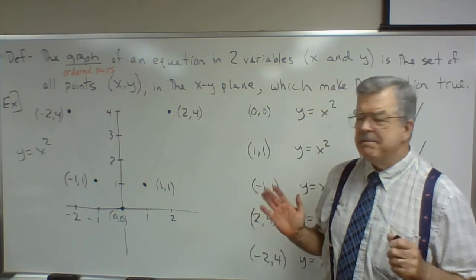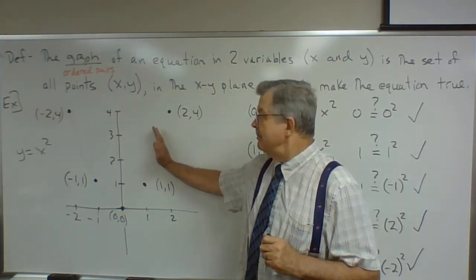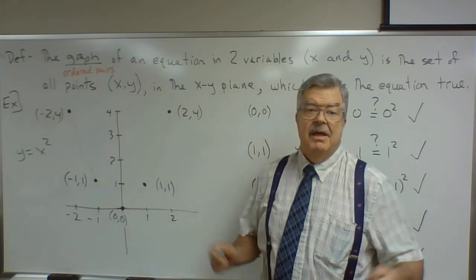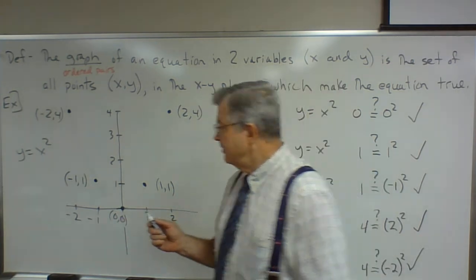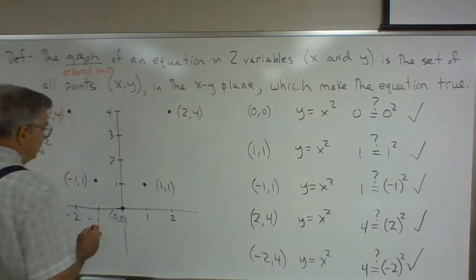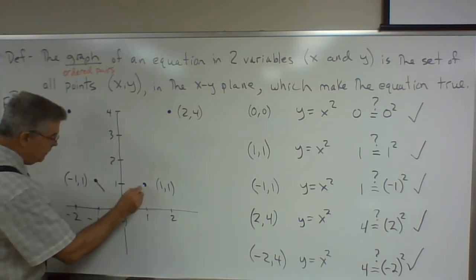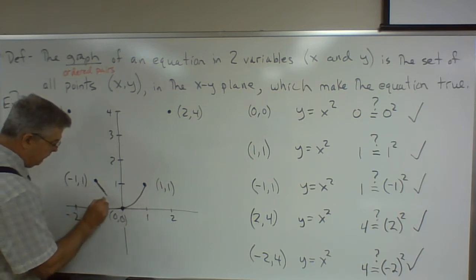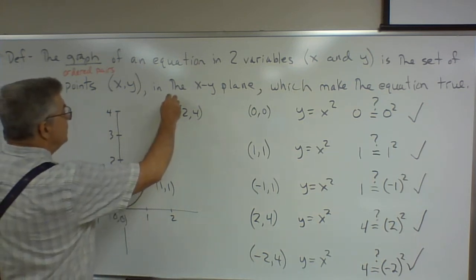I use my best guess as to what the body of this function should look like based on what the skeleton looks like. And to do that, I just connect the points. I realized that the points are not on a straight line. They couldn't possibly be. So I connect those points.